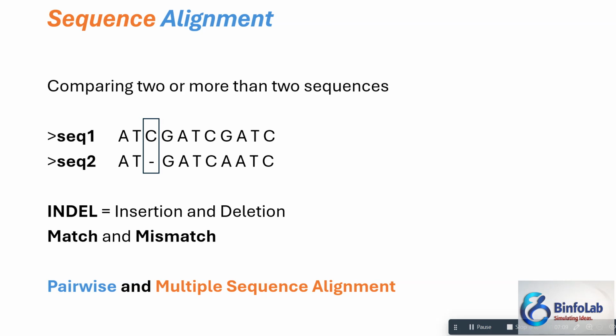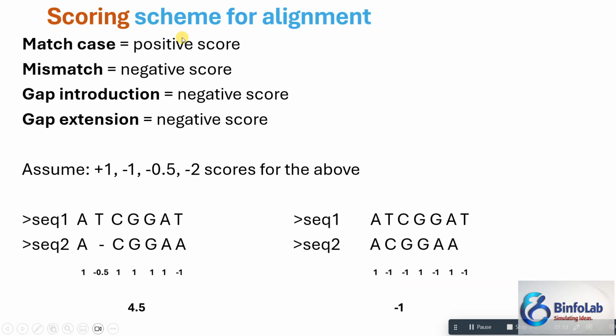So, what is the scoring scheme, or how do these programs score the alignment? The scoring scheme is very complex, but I assume that most of my viewers watching this video are not ready to swallow the advanced level.